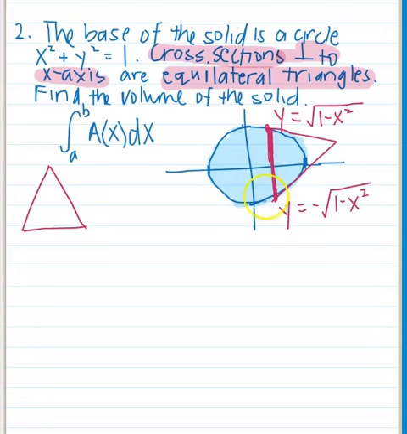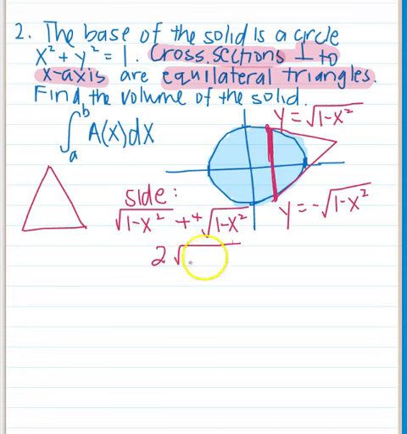So to find one side length, we do once again the top function minus the bottom function. Two negatives once again make a positive, so those two negatives cancel out, and you're left with 2 times the square root of 1 minus x squared. So that's one side length.